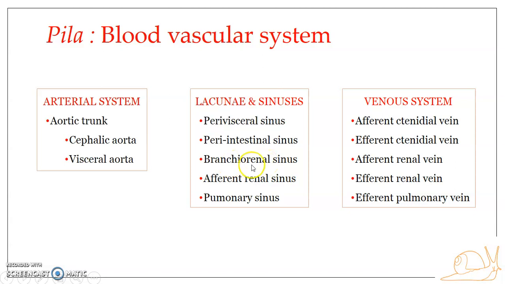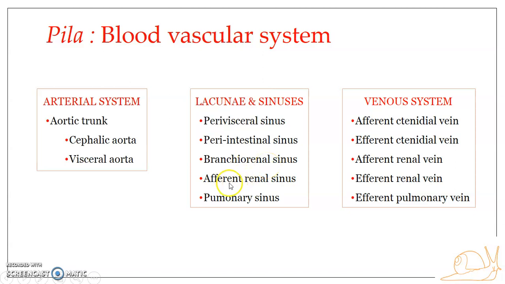It receives blood from the anterior renal chamber through the efferent renal vein. From the branchiorenal sinus, blood flows to the tenerium through the afferent tenerial vein, for oxygenation.